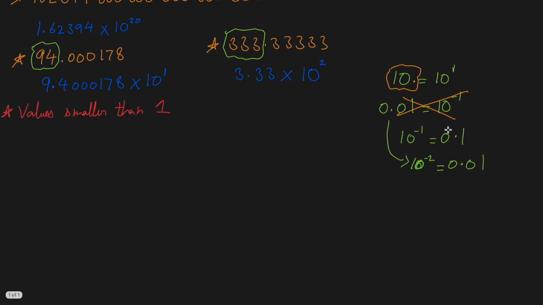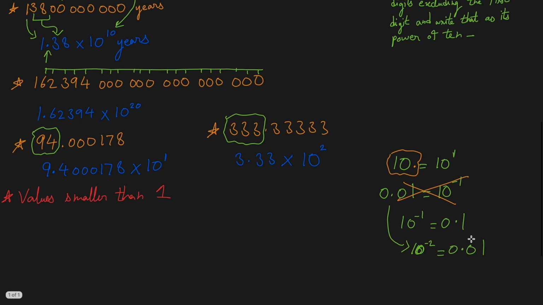But now, instead of the digits here, we will also count the point as a digit, and then we will stop counting till we have another non-zero digit here.